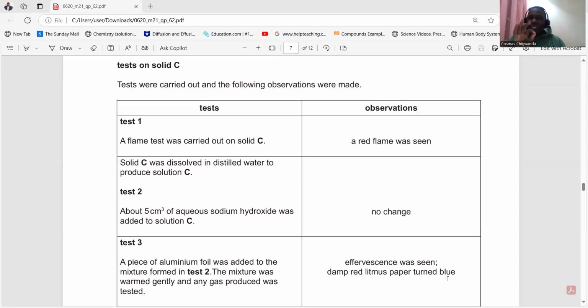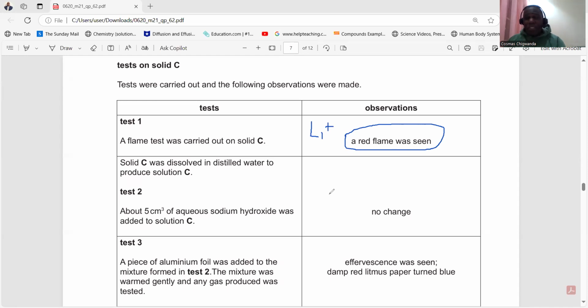So from test 1 to test 3, already we have our salt. We had a red flame from test 1, and the red flame that was produced is telling us that this part is for lithium. So once you've done this part, you know that lithium ion is seen.